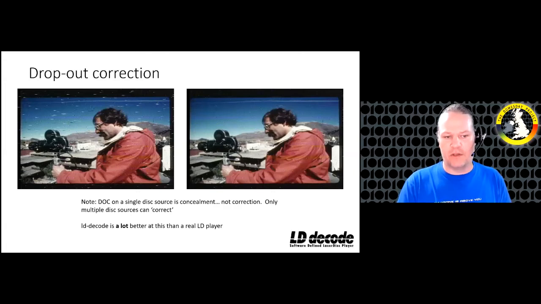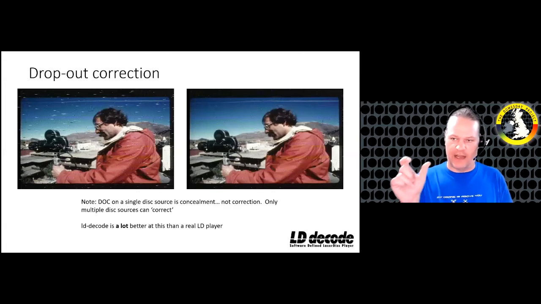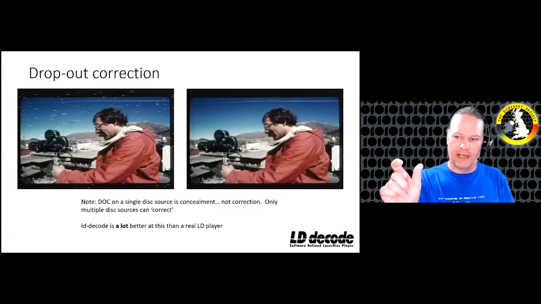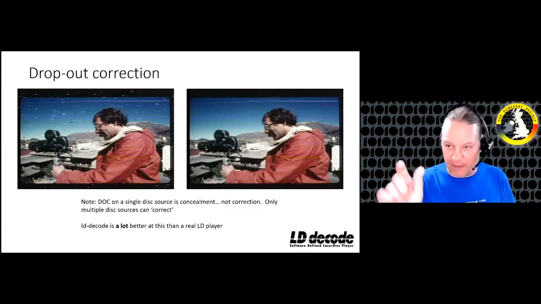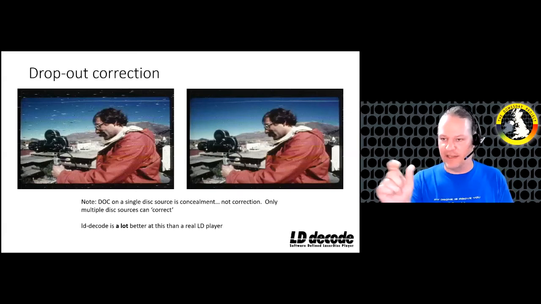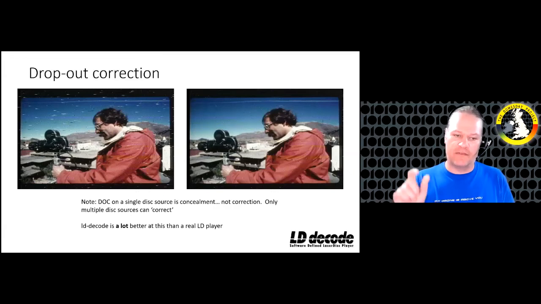We're using very clever algorithms: when a bit of the video is missing, it hunts around that piece, trying to find the nearest piece of video line it can pull out to replace the dropout and conceal it in the best way. It's very clever in that it won't copy another dropout onto a dropout, which a player would do. So it's able to get a pretty good picture back even from a single disk source. If you have multiple disks, we're able to do multiple correction.